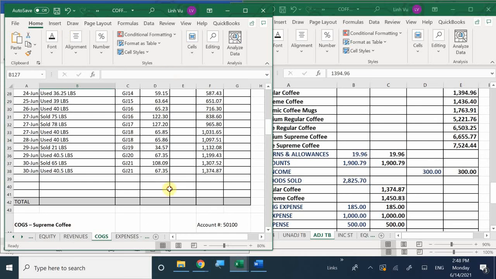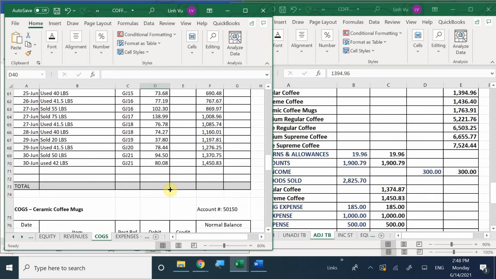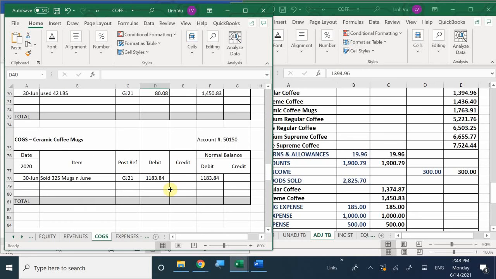My cost of goods sold for my Supreme coffee is $14.50. Oh, wait, now we have another one, which we calculate at the end of the given period, right? We now have a cost of goods sold for the ceramic coffee mugs.